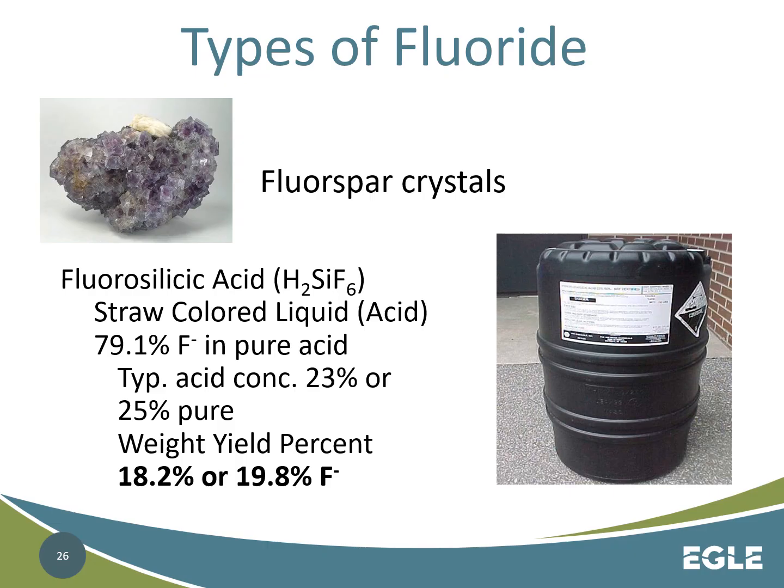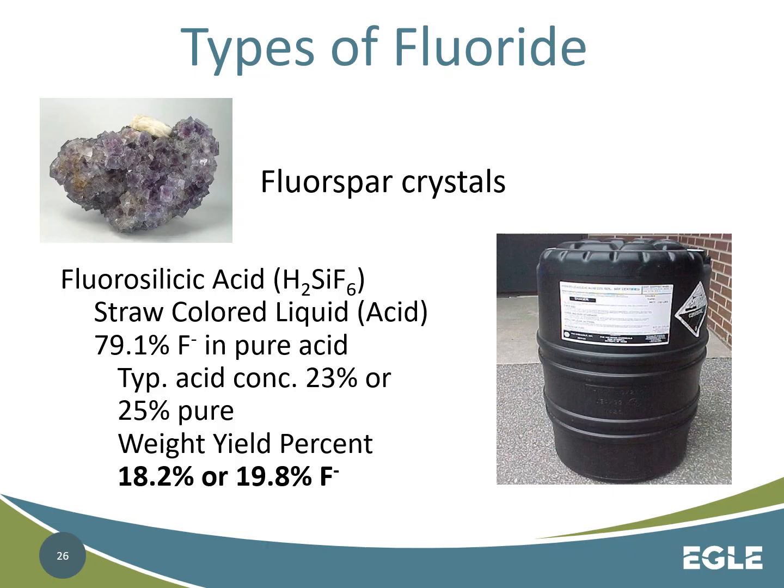So if you have 100 pounds of this acid, you put it on a scale, you dump gallons of this until it reaches 100 pounds, 23 to 25% of that will be pure hydrofluorosilicic acid.